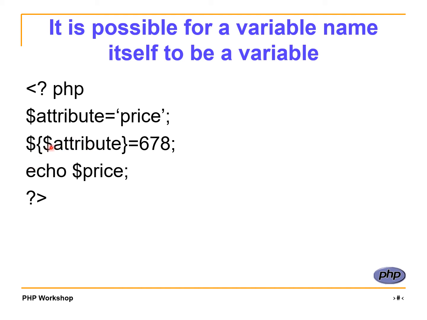So $price is equal to 678. When we echo $price, the value 678 will be produced. That is why it is said that it is possible for a variable name itself to be a variable.